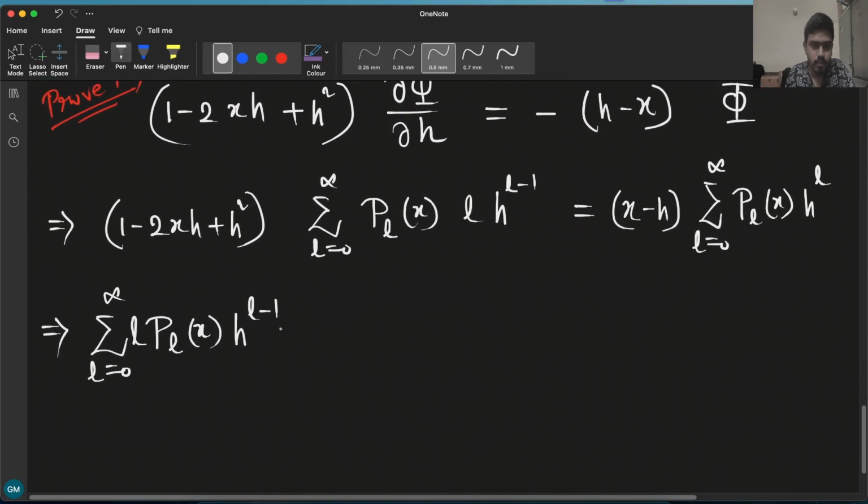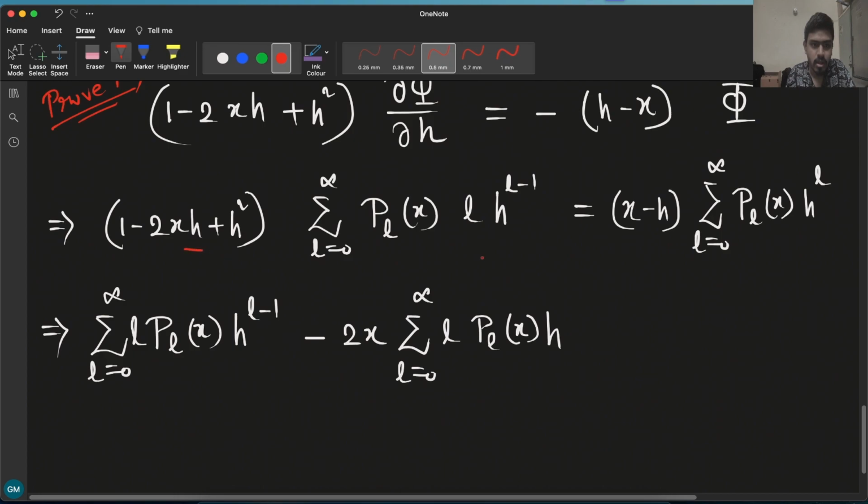The next term is basically minus twice x sum over l equals 0 to infinity l P_l(x) h to the power l, because here there is one h and here h to the power l minus 1, so if I multiply them it will be h to the power l.